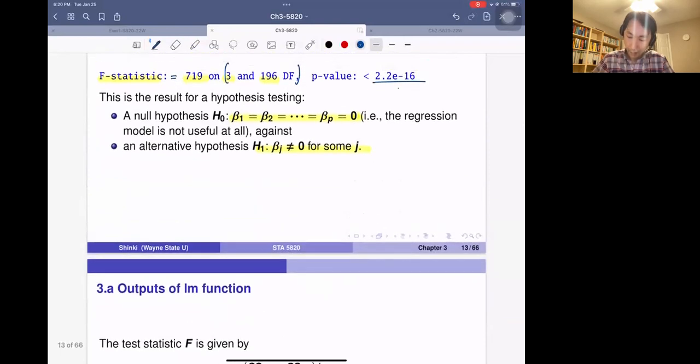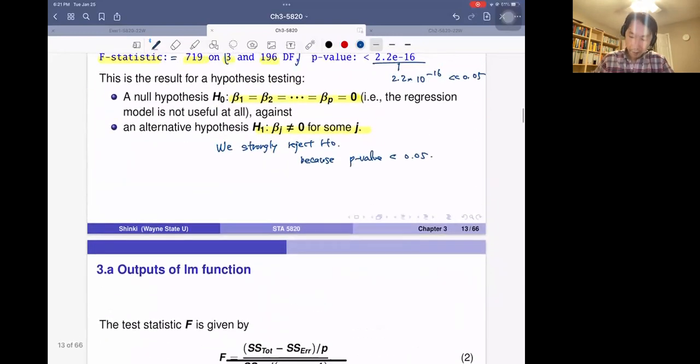Overall, we strongly reject H naught because the p-value is very small. Usually the threshold for the p-value is 0.05, but this is very small, 2.2 times 10 to the power negative 16. So we strongly reject H naught.